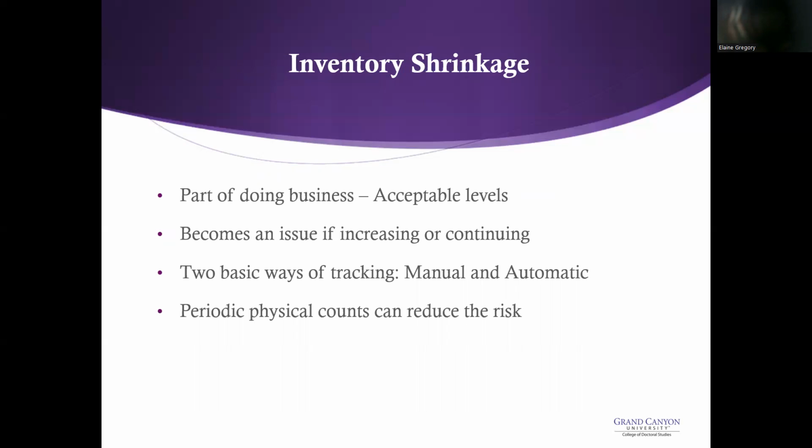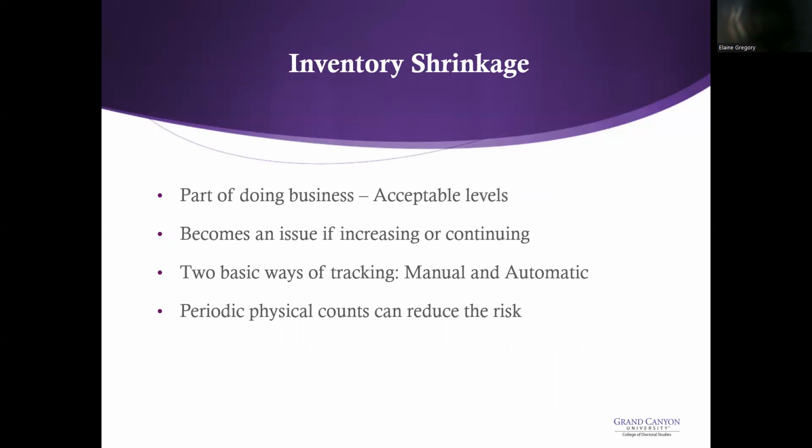That happens. It happens a lot with perishable goods. Sometimes with retail inventory, such as clothing, it could be that there was a smudge on the blouse that can't be cleaned. That's inventory shrinkage. It's part of the normal process.